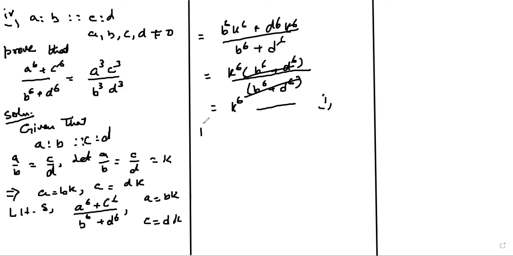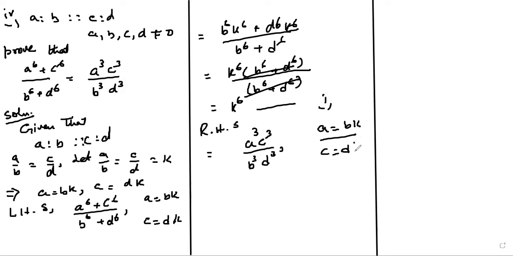Now take the right hand side. For the right hand side we have A cube C cube divided by B cube D cube. So putting the values, A equals BK and C equals DK, we have B cube K cube times D cube K cube divided by B cube D cube.